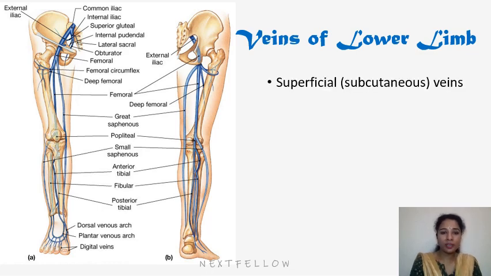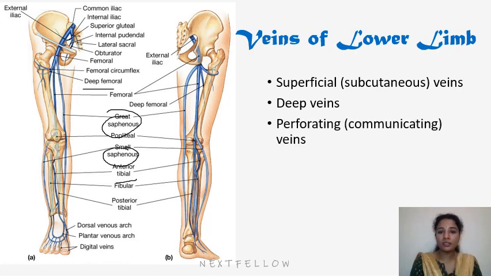So superficial veins, here are the superficial veins, that is the saphenous vein we can see. Small saphenous vein, great saphenous vein, and they are the superficial veins. And deep veins we can say anterior tibial veins, deep femoral veins, they are all the deep veins.